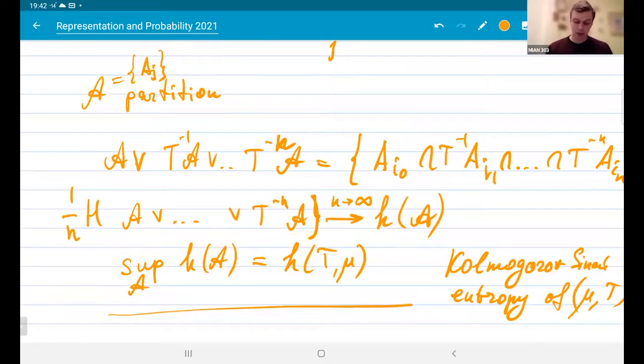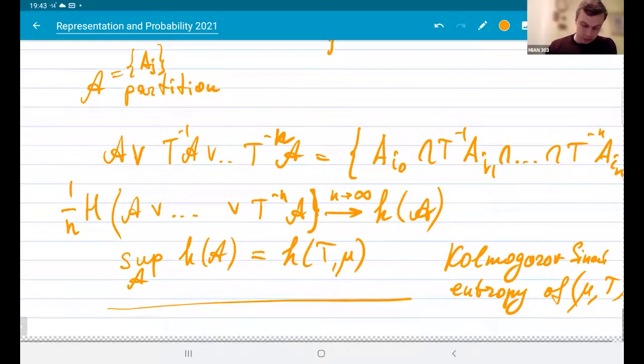And as I have said, this entropy is an entropy of the set.